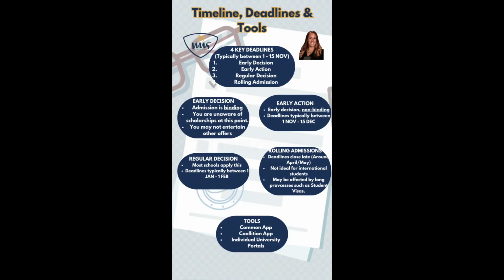So that sounds great in theory, but it is a long process in the US system. And so I always ask students, are you sure that you want to commit to university before you've seen and gotten admissions decisions from anywhere else?